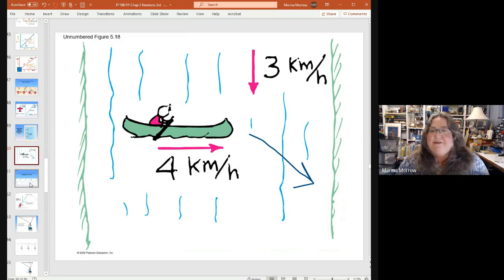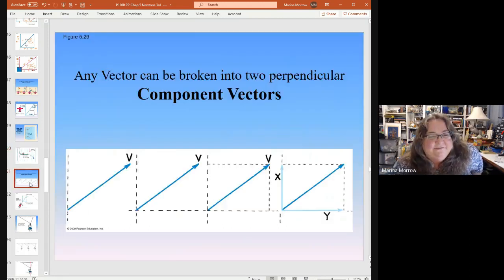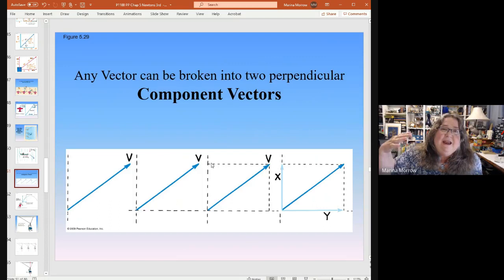Okay, now some other things that you're supposed to look at in this section is the idea that any vector can be broken into 2 perpendicular component vectors. So an x and a y component, you can think. And so we've got a vector v. We draw lines to indicate x and y. And then what we do is we draw parallel lines to the axes. So this is like going in reverse of the parallel addition rule.